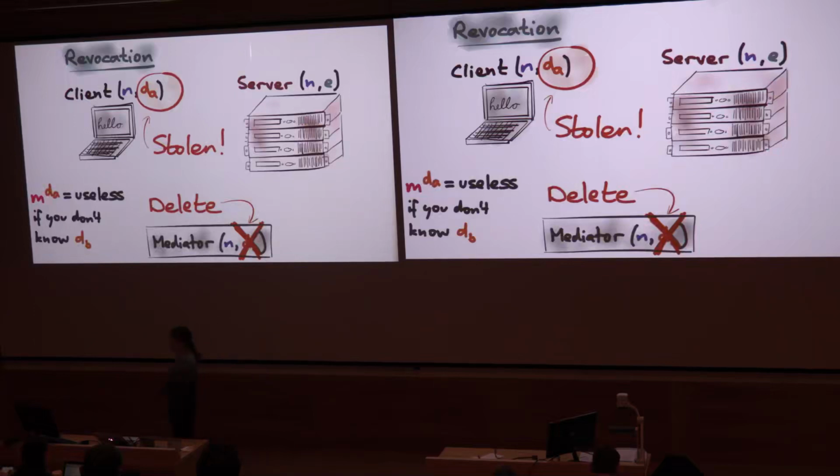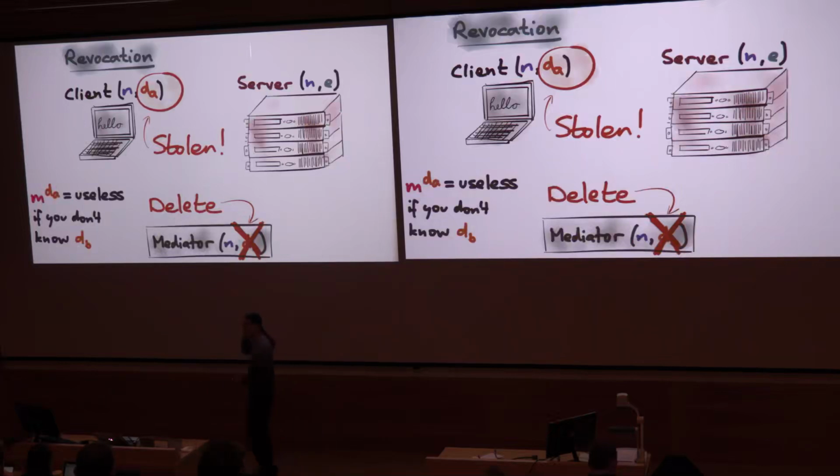So this is quite a useful property, but there are a few holes in this argument so far. And in particular, we don't know exactly how does the process of getting something from the mediator deleted work? How does the client actually request the mediator to delete something? In the original paper, it seems to be assumed that there's some kind of out-of-band process for doing this, so that the user can go with their password to the mediator service and say, hello, I am the true user, can you please delete my key fragment?